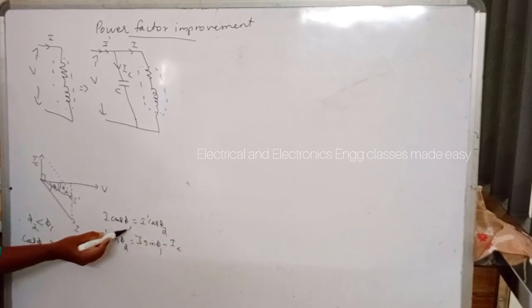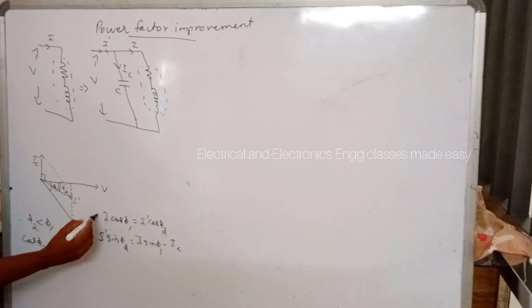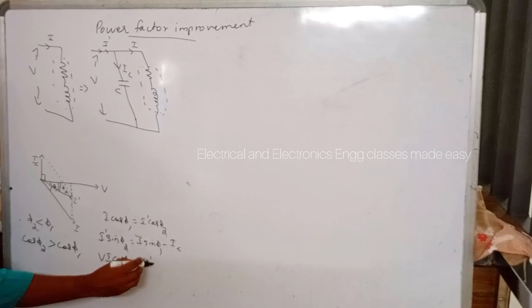And as I cos phi 1 is equal to I dash cos phi 2, that is the active component, if we multiply with the voltage, V I cos phi 1 is equal to V I dash cos phi 2.